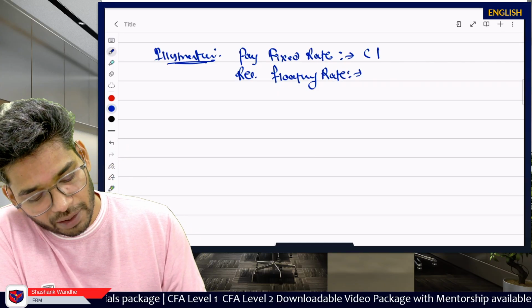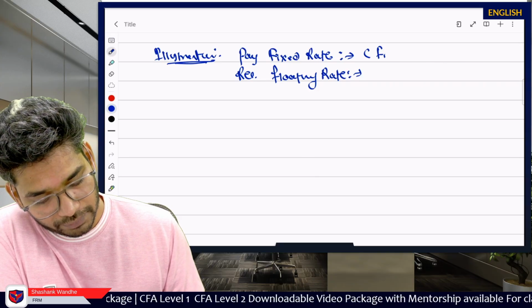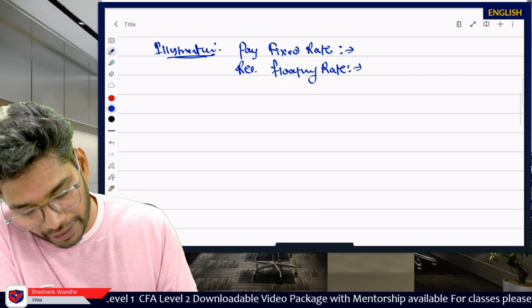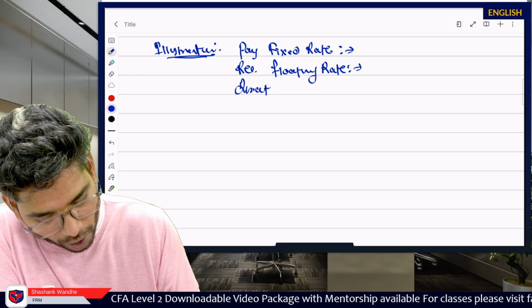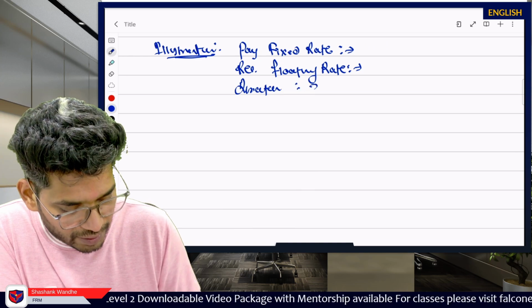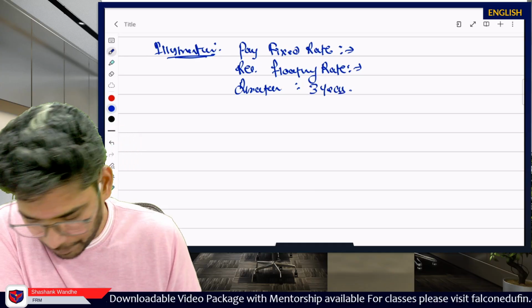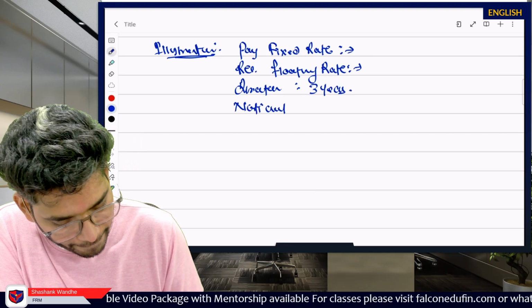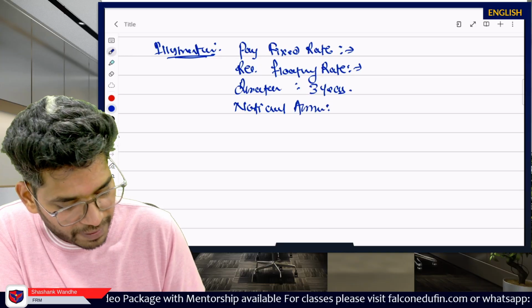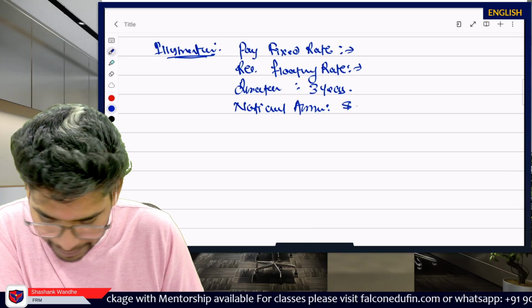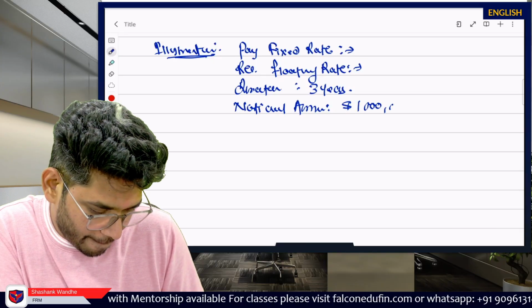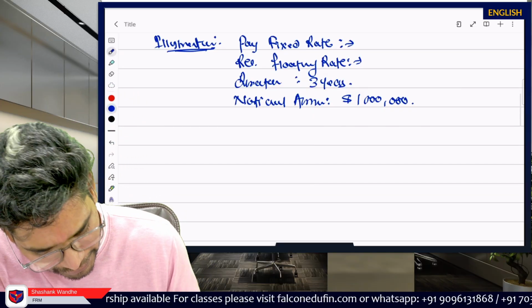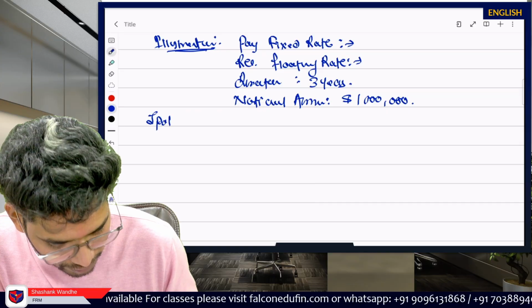This makes this party the fixed rate payer, the swap payer. Fine. And the swap duration is 3 years, and the notional amount, or simply notional principal, is $1 million. Fine. Now, here we have the current spot rates.